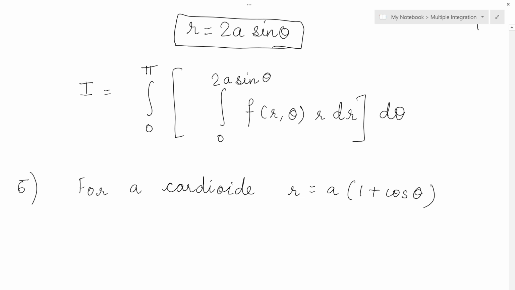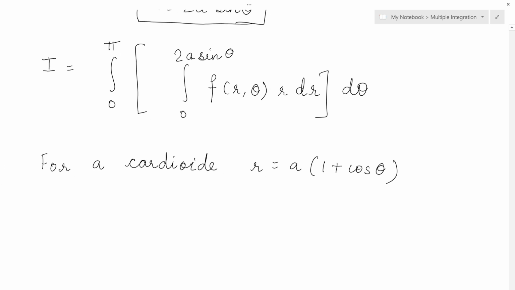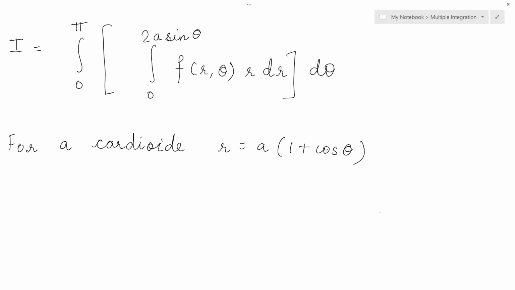Let us study this. Cardioid r is equal to a into 1 plus cos theta. This is usually a heart-shaped curve or a rose type of a petal curve, you can say. How to remember how to draw this we have seen in your curve tracing. So whenever you have 1 plus cos theta, so that will be on your positive x-axis.